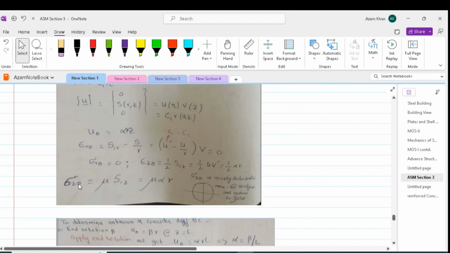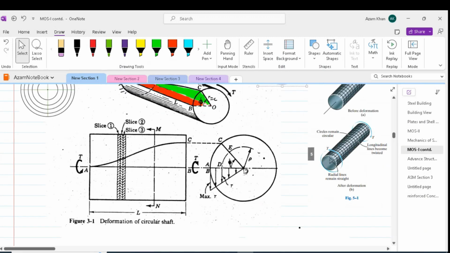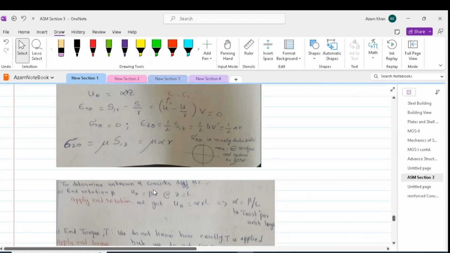From sigma z theta, we can see that it is 0 at the center, and sigma z theta varies linearly as we move to the surface. And this is what we said over here, that it should be 0 and should vary linearly as we move to the surface. Now the final constant which is left is alpha.